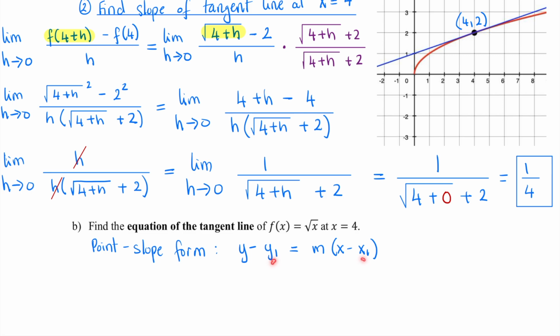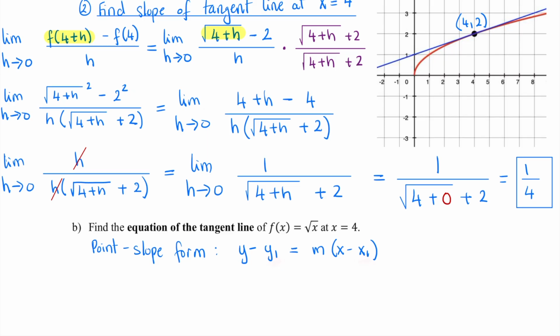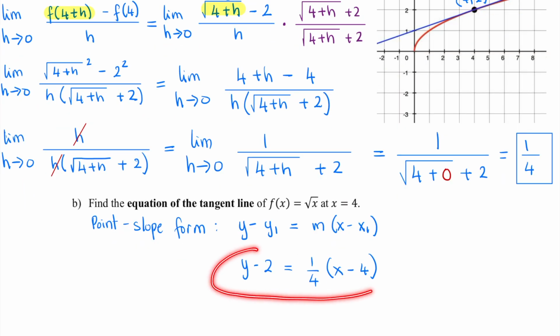In this case, we have (4, 2). So we can substitute m with 1/4, x1 with 4, and y1 with 2. And this is the equation of the tangent line of the function f of x at x equals 4. If we want, we could also rewrite it in the slope-intercept form, but this form is already perfectly fine.